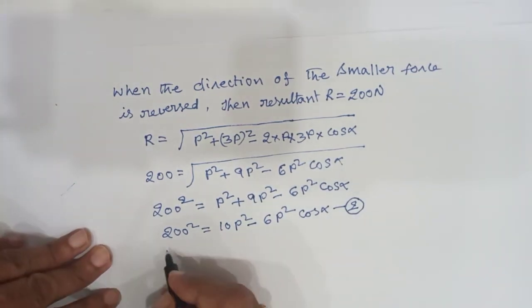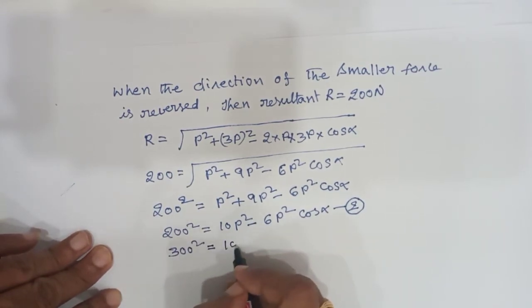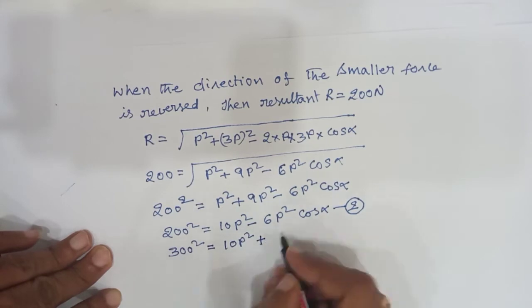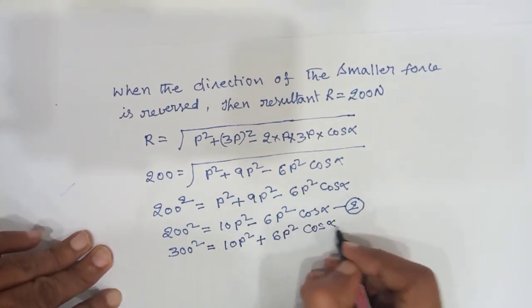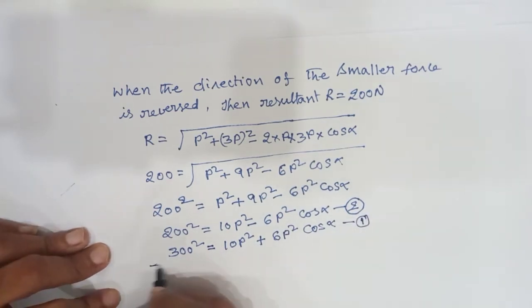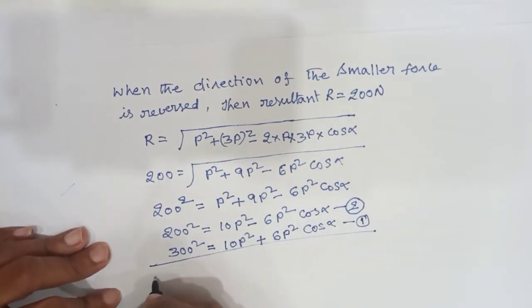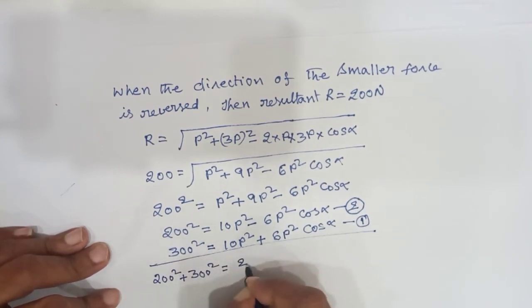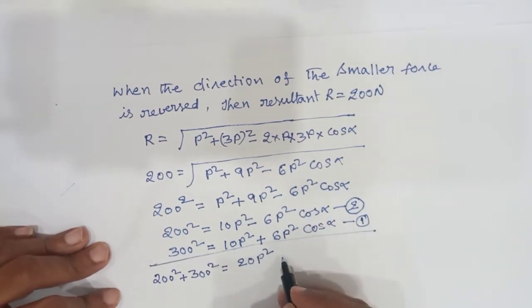The first equation is 300 square is equal to 10P square plus 6P square cos alpha. This is the first equation. By adding both, 200 square plus 300 square is equal to 20P square, as these two cancel together.